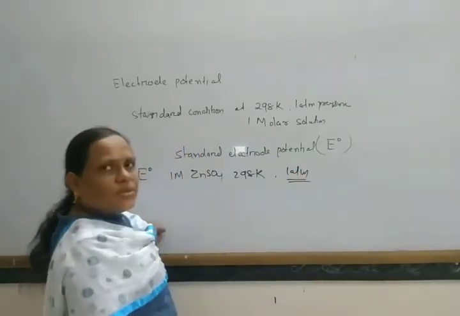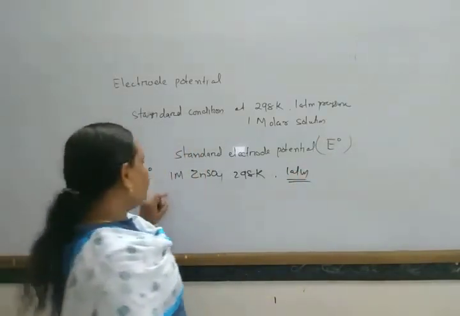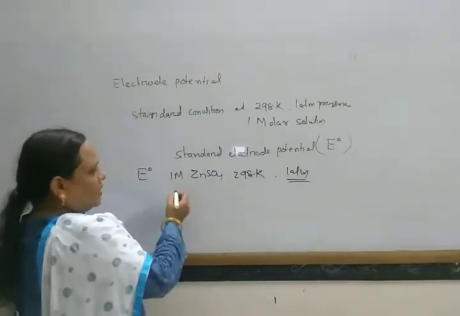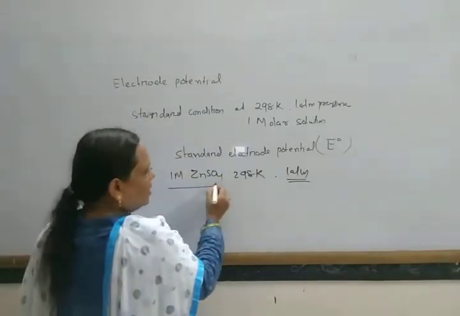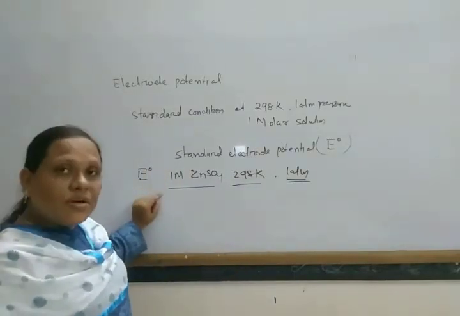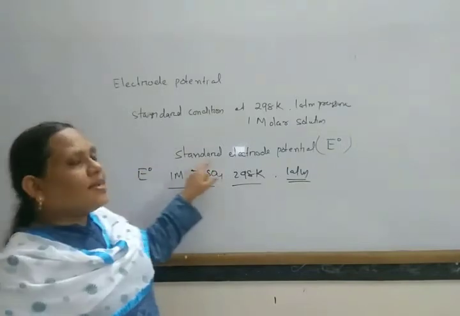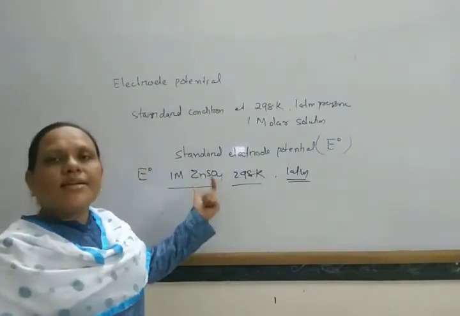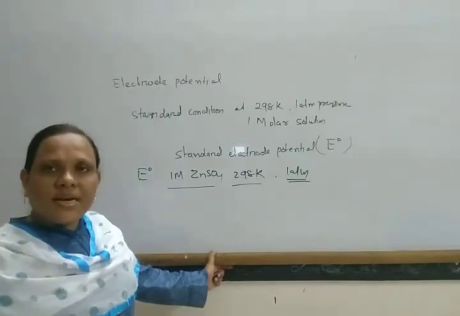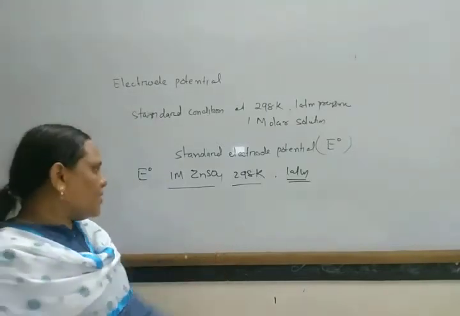Generally this 1 atmospheric pressure is used for gaseous electrodes, and for other normal electrodes we use 1 molar solution at 298 Kelvin. The electrode potential measured is known as standard electrode potential, and it may be standard oxidation potential or standard reduction potential.